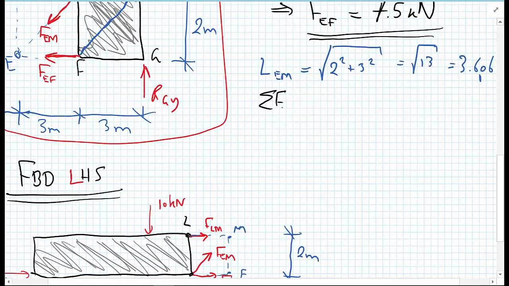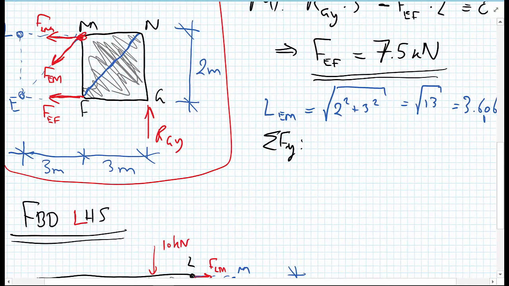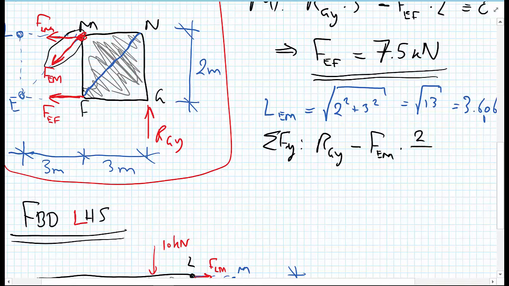So sum of the forces in the y direction. Looking at the rigid body diagram, we have RGY pointing upwards minus, now we have FEM here pointing downwards, and we need the proportion of FEM that's in the vertical direction, and that is going to be 2 over the square root of 13.